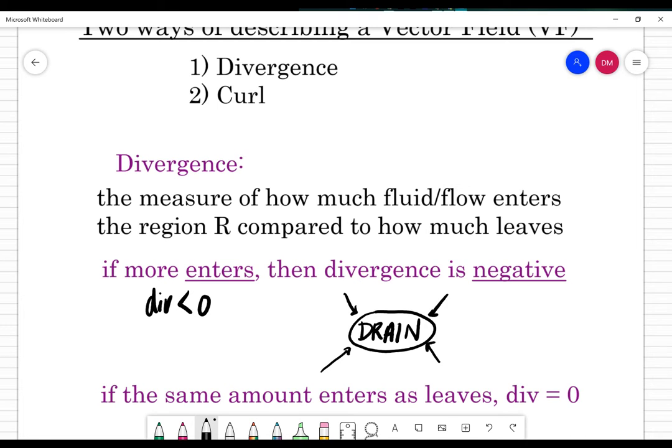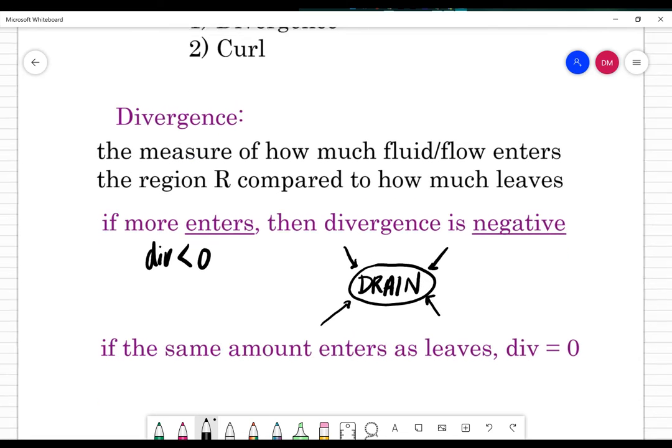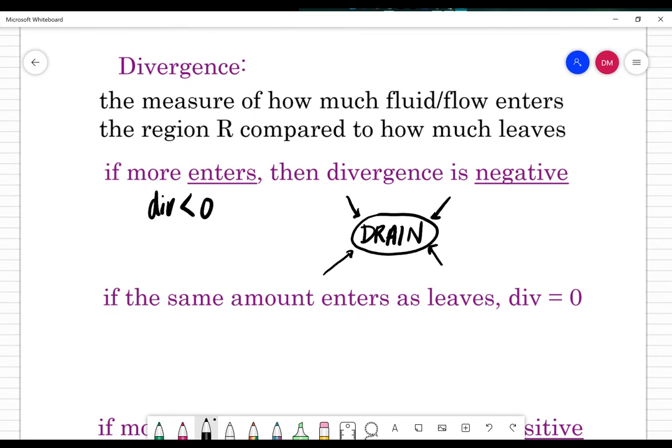So that's a drain, and in that case, divergence is negative.